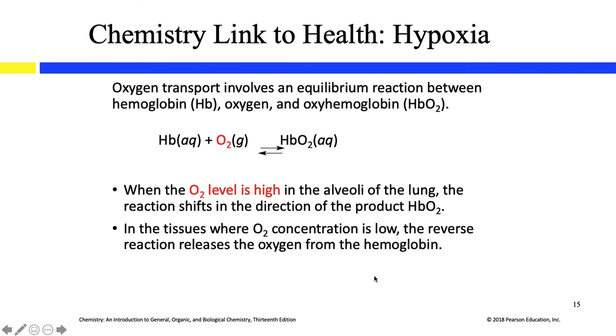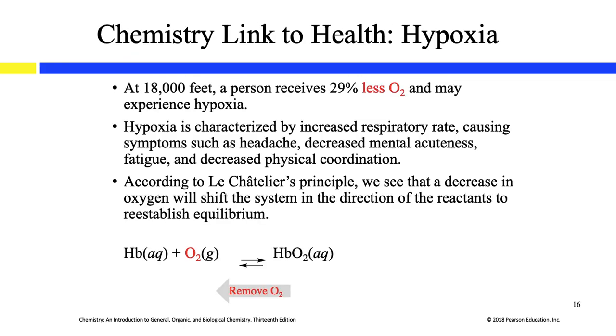And then lastly, let's look at what happens at high altitude when we have less oxygen at really, really high elevations. We know that the air gets thinner, so we have less oxygen.